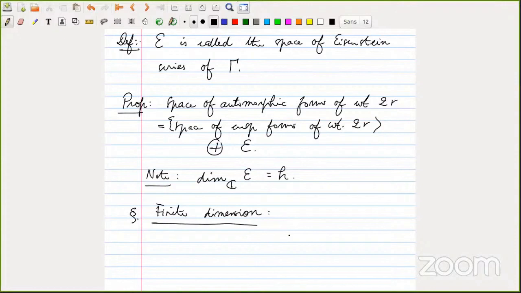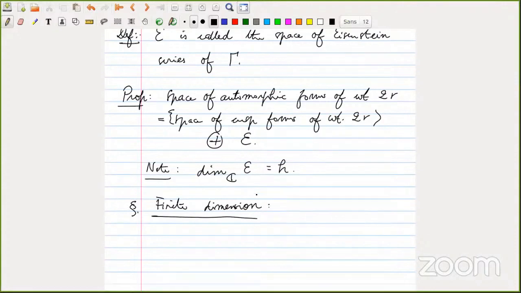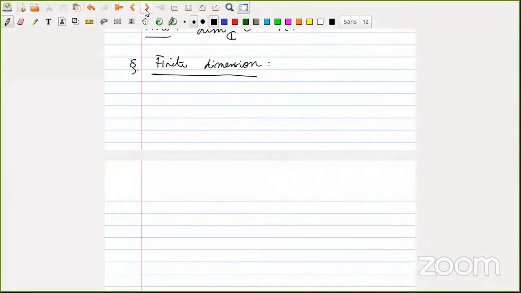It's a very elaborate calculation to show that the space of cusp forms is finite dimensional. But let me briefly tell you what the idea is by restricting ourselves to a special case, but the idea is there itself.